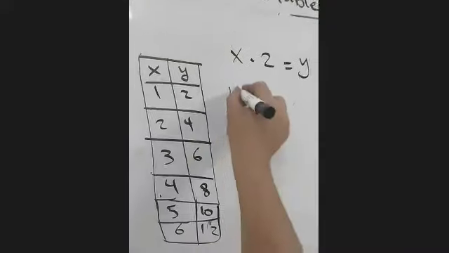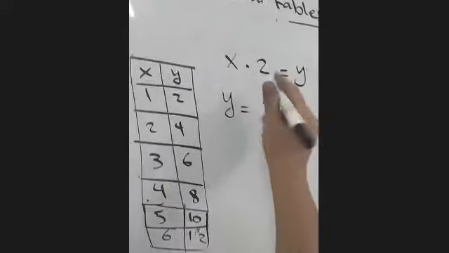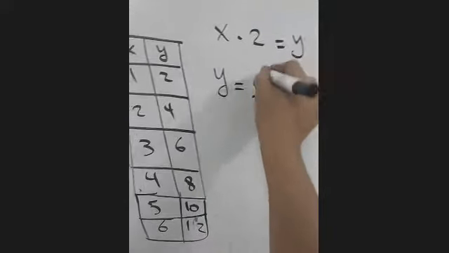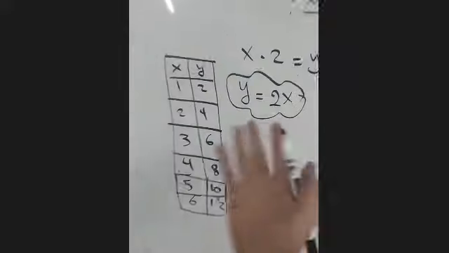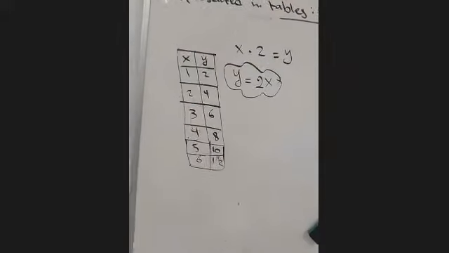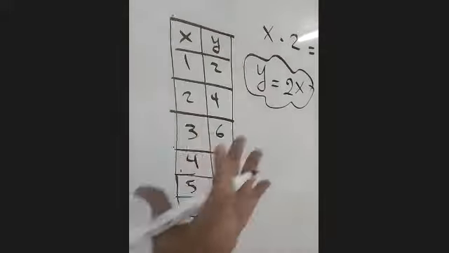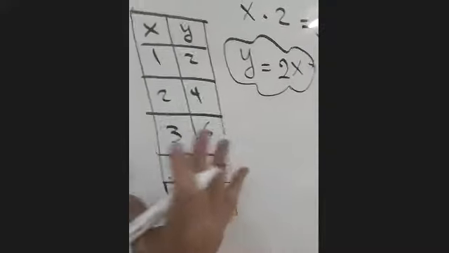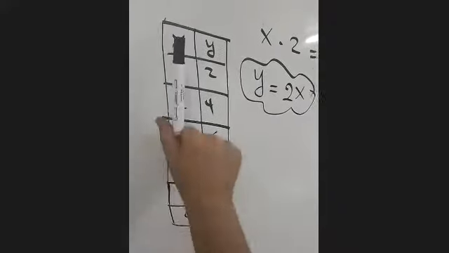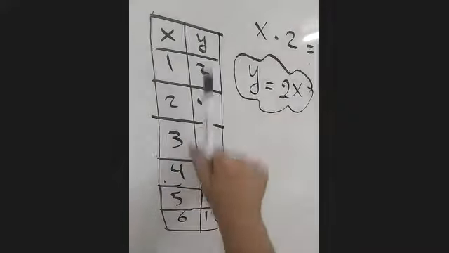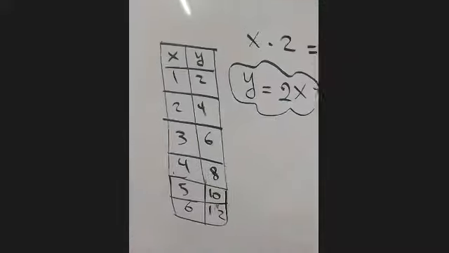How do we write it as an equation? We say y equals x times 2. We know that is 2x. This is how we find it: we just guess and think and try to check or figure out the relationship. If you multiply x by 2, you get y.